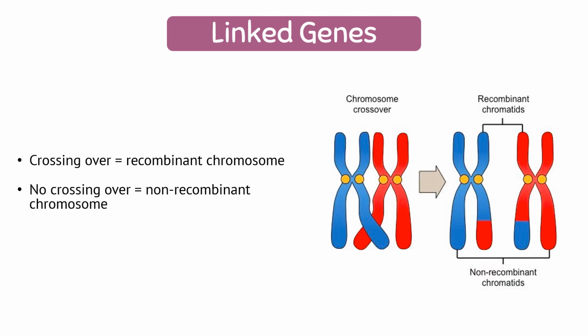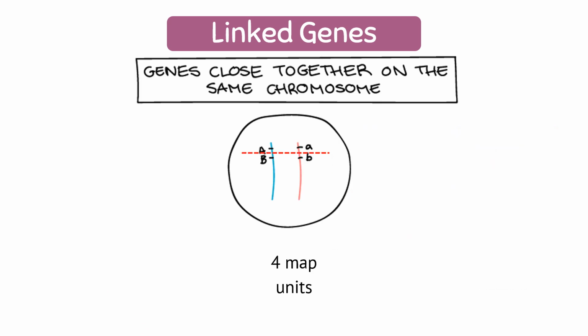So just to recap what we've learned before, if crossing over occurs, as we can see over here, we have recombinant chromosomes. The chromatid that hasn't crossed over, so no crossing over, then non-recombinant chromosomes. So when you're calculating the chance of the genes being separated or what combination of alleles will be possible, we've got to look at map units again.